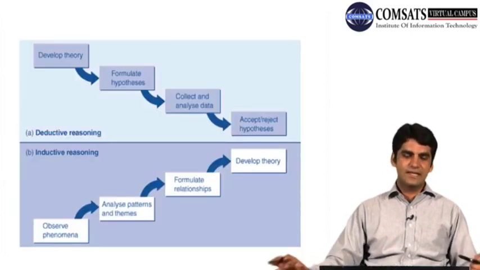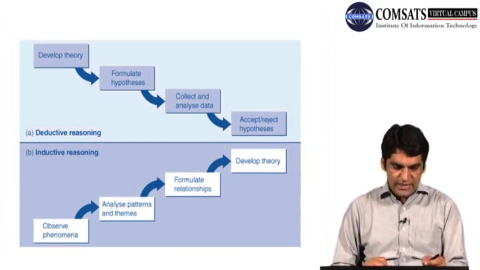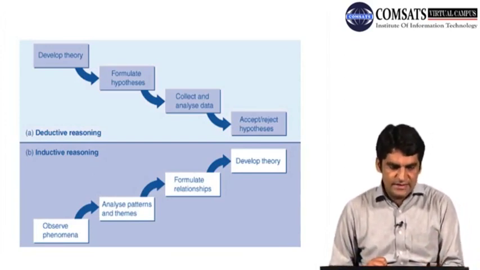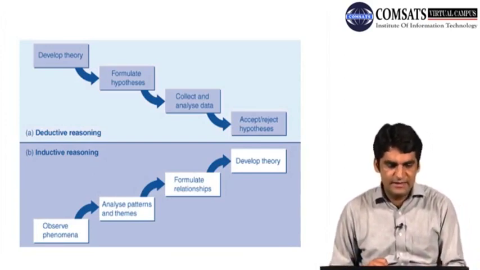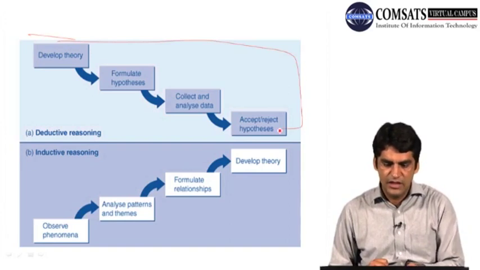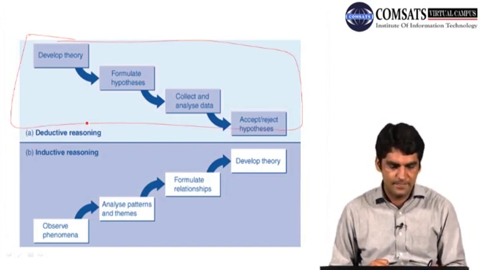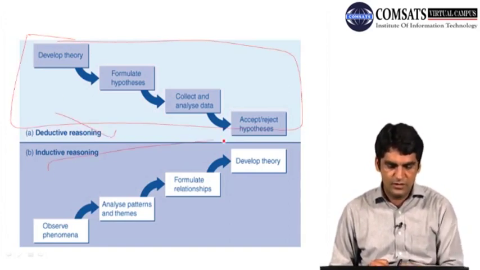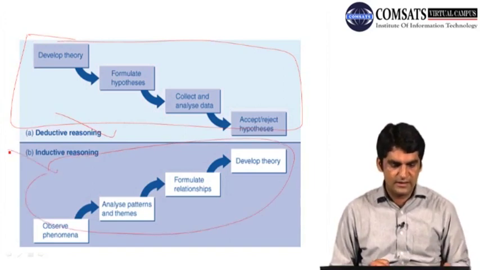So here in tabular or graphical format, I have described deductive and inductive reasoning. The upper block is talking about deductive reasoning, and the lower block is talking about inductive reasoning.